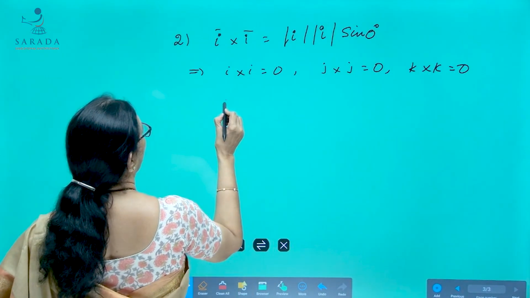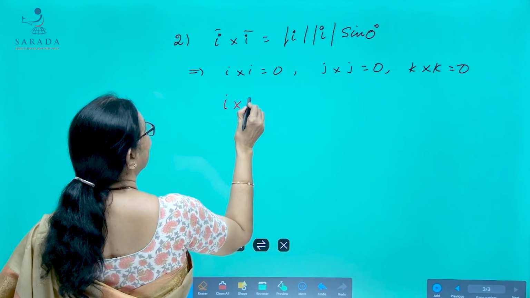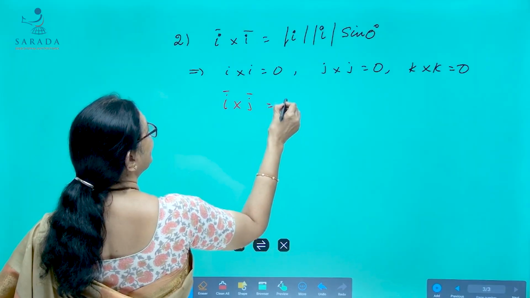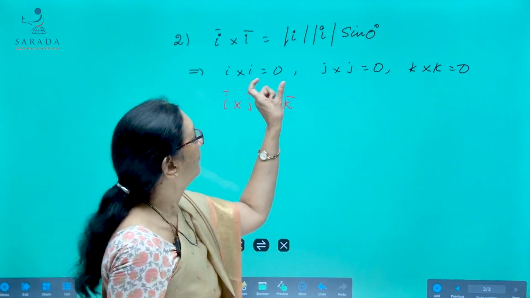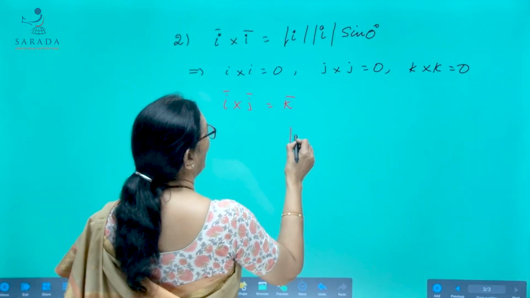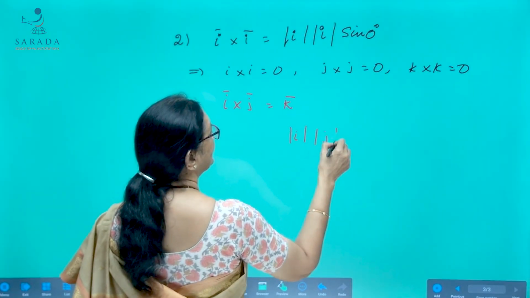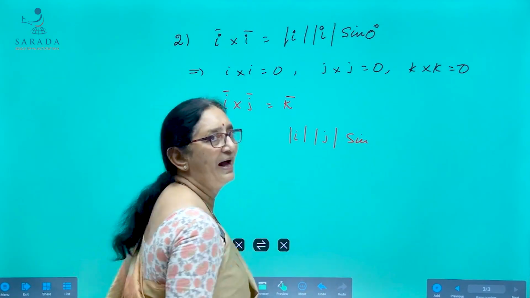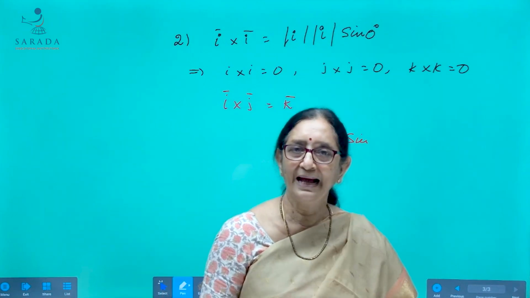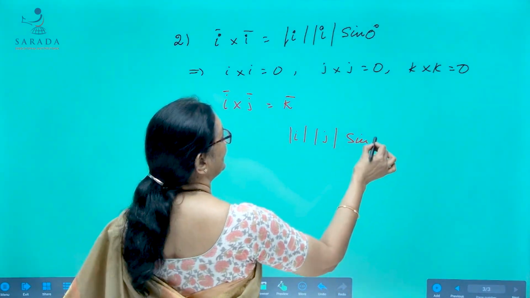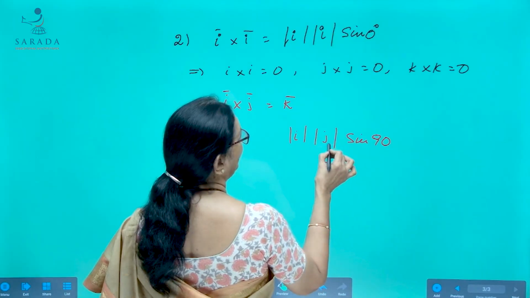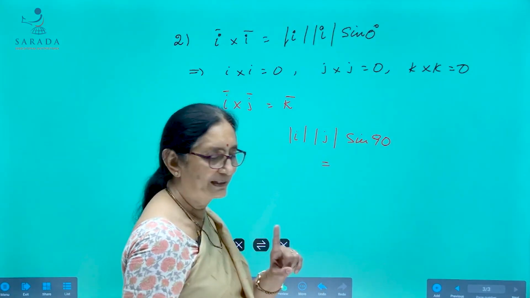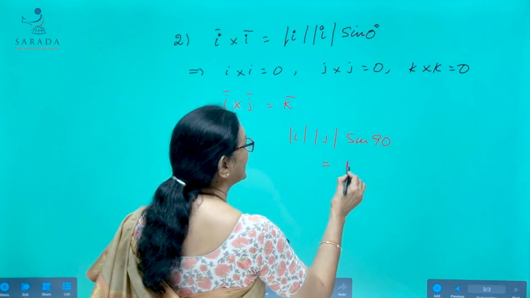Now, let us see. I cross J is K bar. Actually, I cross J is modulus of I, modulus of J into sine of angle between them. Angle between I bar and J bar is 90 degrees. So, this is 1 into 1 into 1, that is 1. Magnitude is 1.